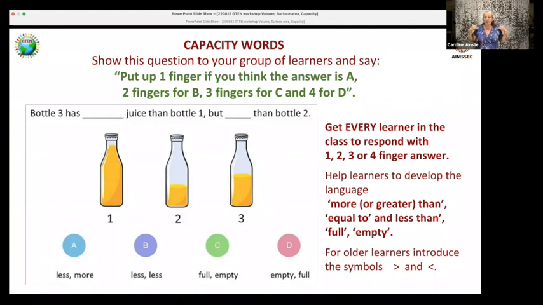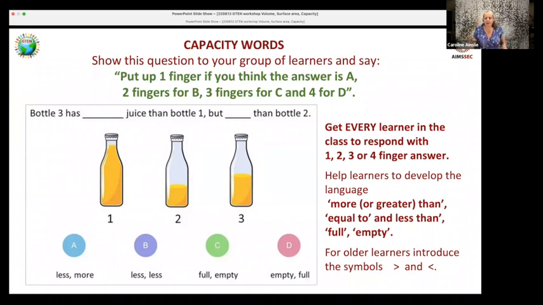So once they're used to it, you basically get used to putting up 1 finger for A, 2 fingers for B, 3 fingers for C, and 4 fingers for D. And then you can immediately see, and your diagnostic questions will also tell you, when you look at them in the resources, that if they gave answer A, it probably means they're thinking this. If they give answer B, it probably means they're thinking this. So it really helps. There's that resource for you. Please use it on the Aiming High website.